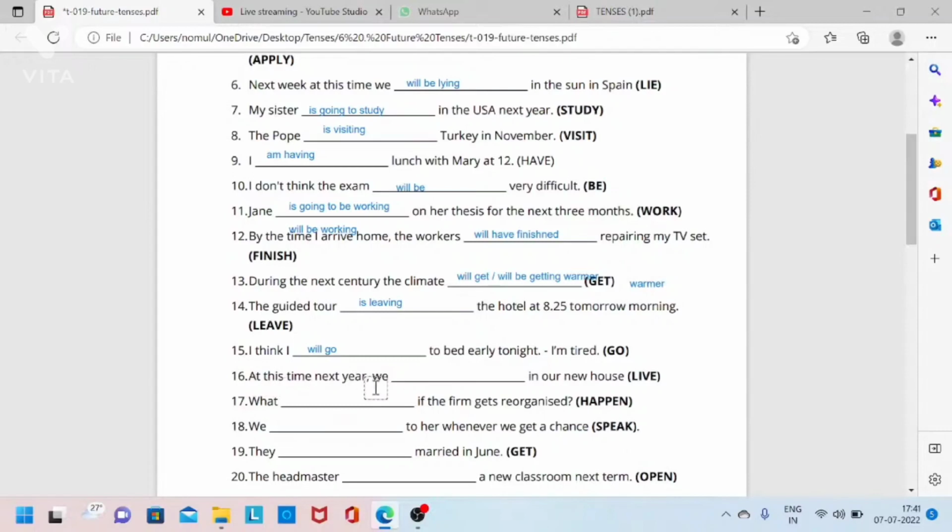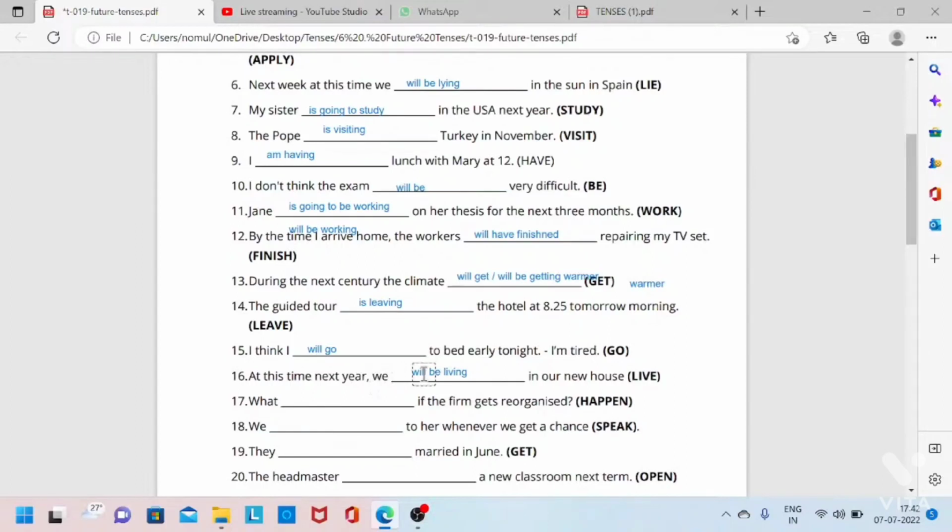At this time next year we dash in our new house. So at this time next year we will be living in our new house. Using live we have to complete this.